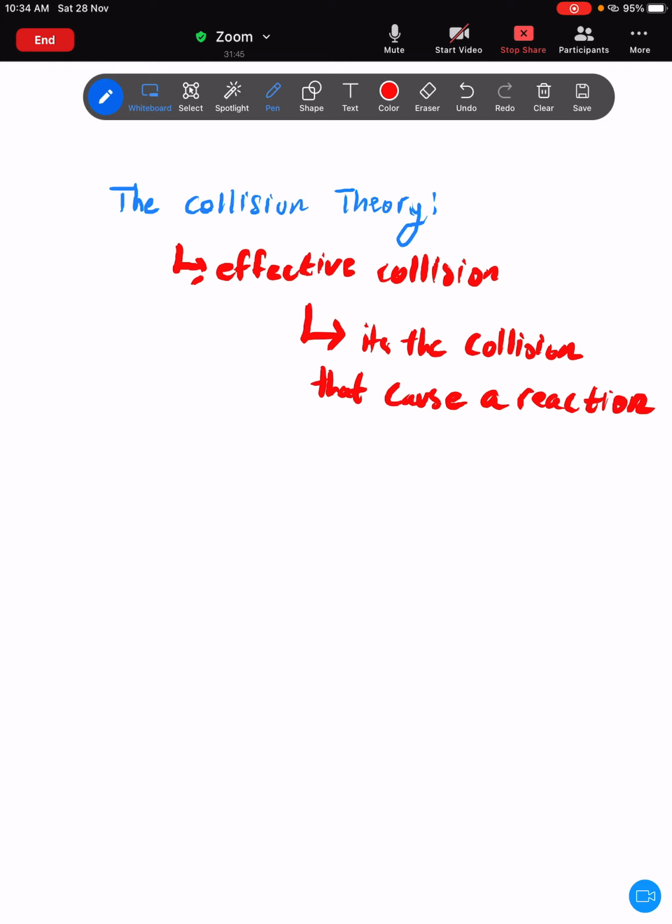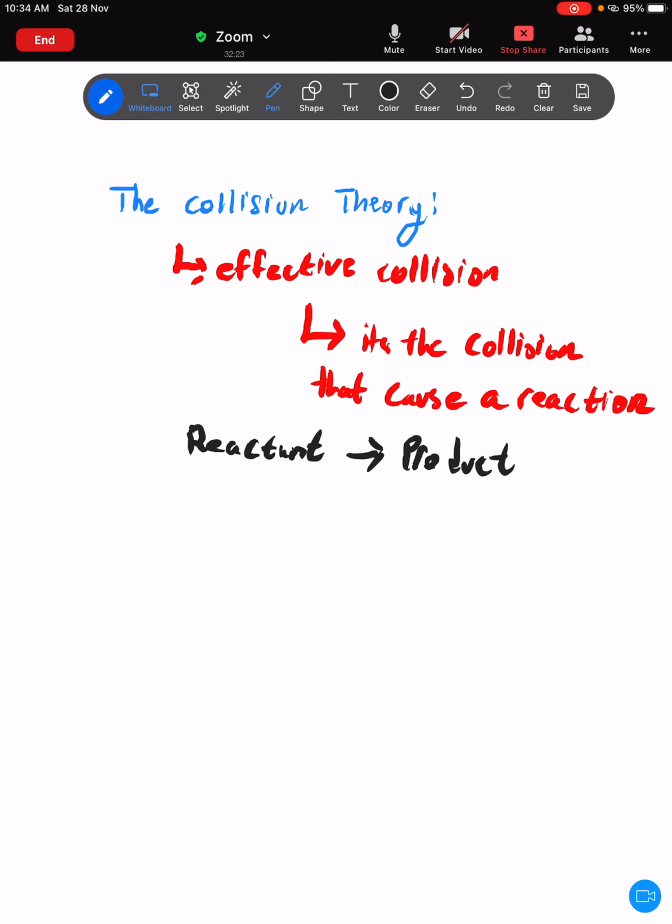It is a collision that causes a chemical reaction to occur. Meaning, when there is an effective collision, therefore it will change the reactant to product. Whenever you have an effective collision, it will change the reactant to product.